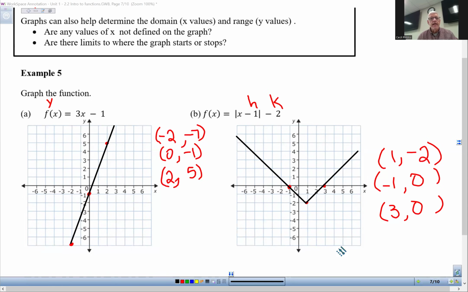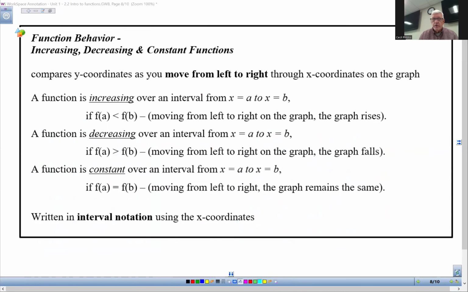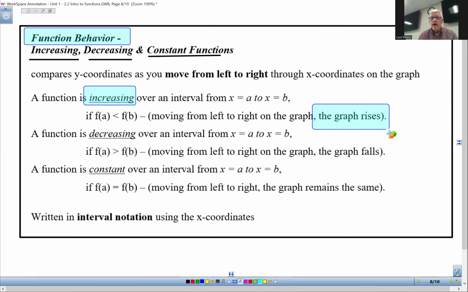Okay, the last thing we're going to look at is function behavior. So we're looking at how a function behaves on the graph. And there's three possibilities. The function can be increasing, decreasing, or constant. So if a function is increasing, it is going to go up, or rise, as we move from left to right on our graph.